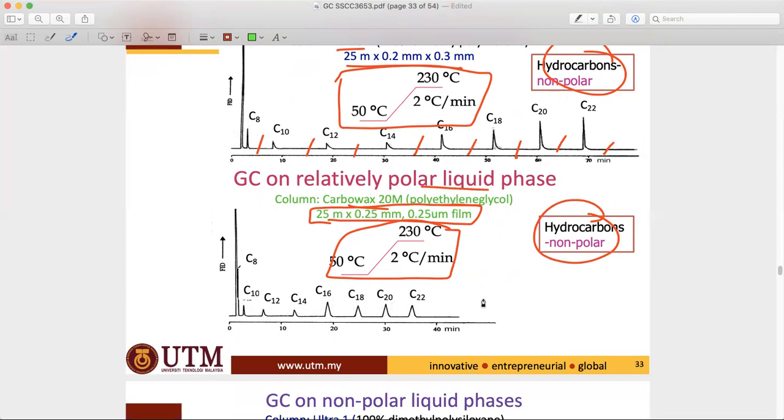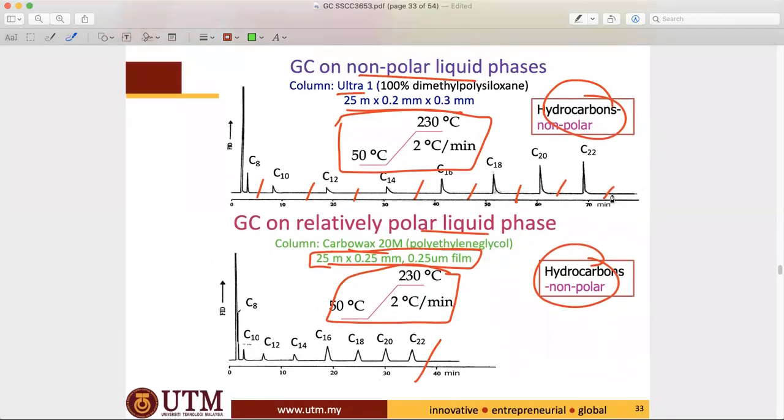So you would see that sometimes using another type of column would decrease your analysis time. For example, when you use a non-polar column, the analysis for achieving C22 is about 70 minutes. But if you are using a polar liquid phase or polar column, the analysis time is about 40 minutes, which reduces 30 minutes of your analysis time.